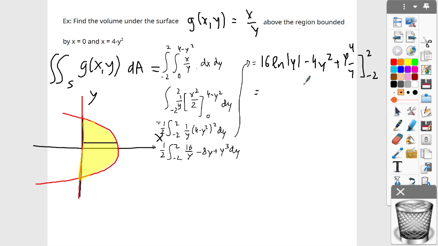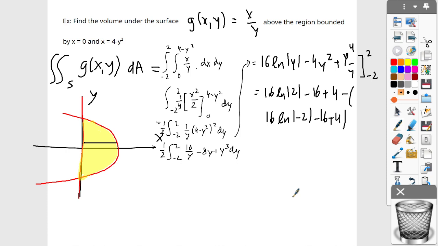Which is equal to 16 natural log of 2 minus 16 plus 4, minus 16 natural log of negative 2 minus 16 plus 4.